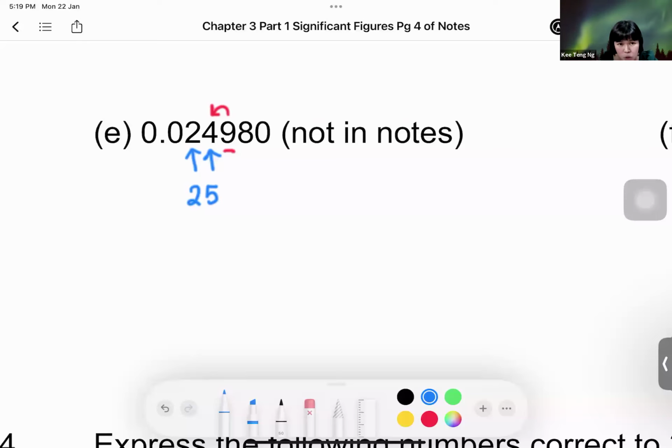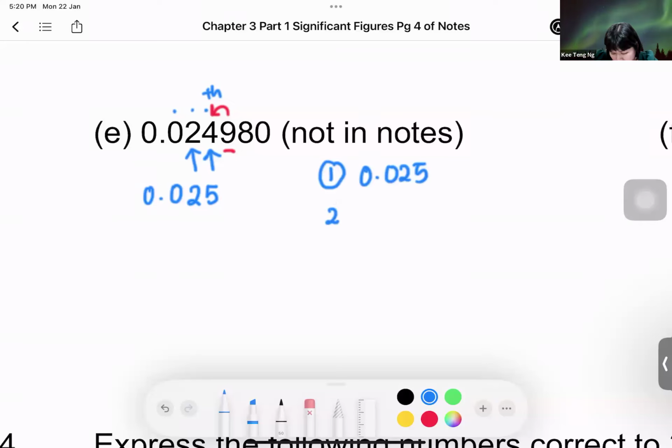Let's check. I need to put certain zeros to put this number in the correct place value. This is 1, the 10th, 100 placing, and the 1000th placing, right? So I need to add a 0. So 0.025, and I need only 2 sig fig. Am I going to leave this as the answer?